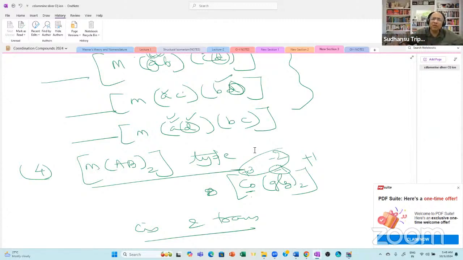All planar molecules, even if the ligands are different, that molecular plane at the middle is the mirror plane, sigma plane, and that will never make it chiral. So all the planar compounds are achiral. They do not show any optical isomerism.